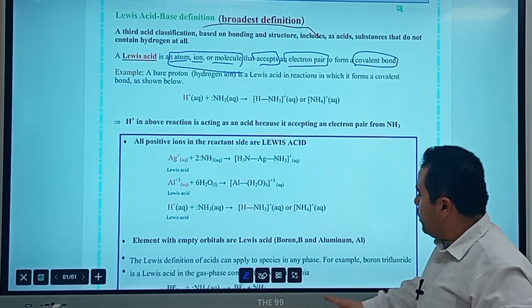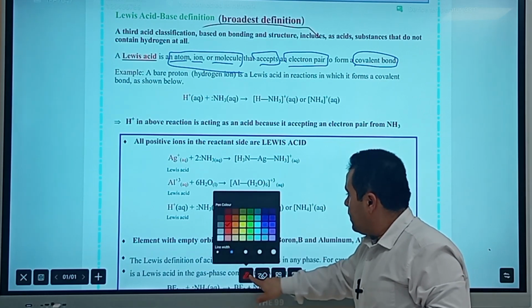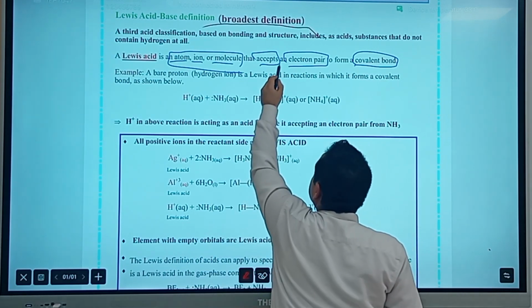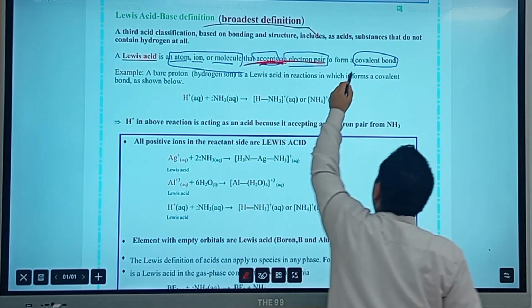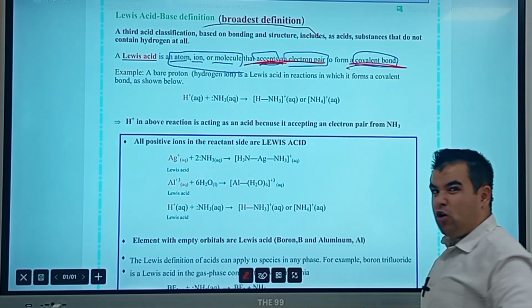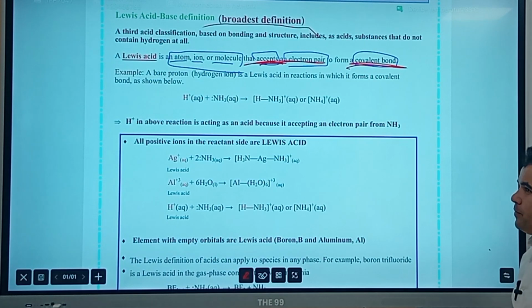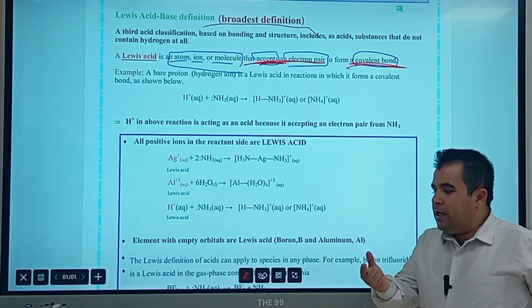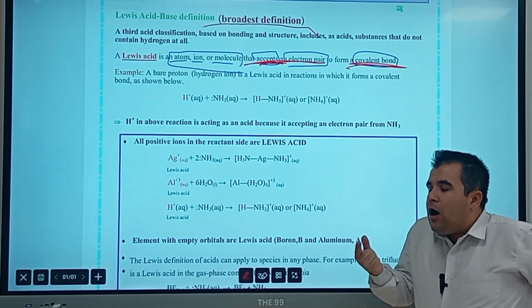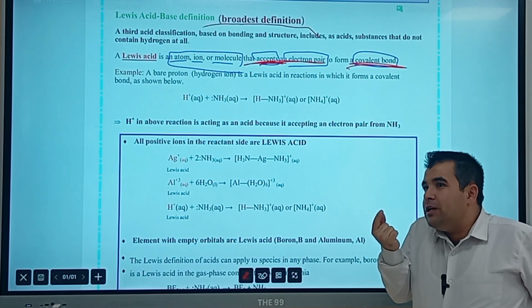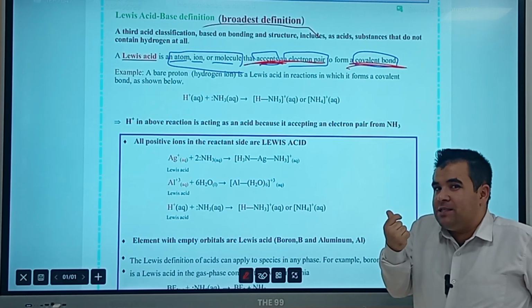So here we have some keywords, guys: acceptance of electrons and covalent bond as well. The covalent bond always refers to the Lewis definition.